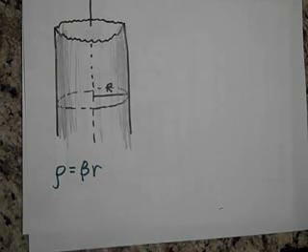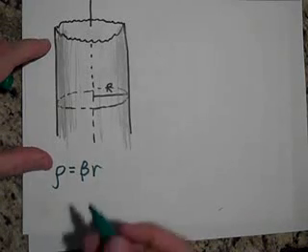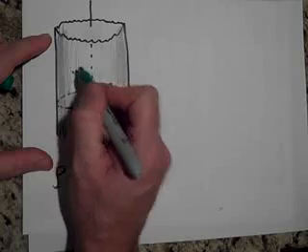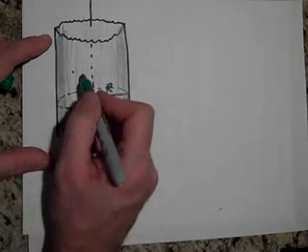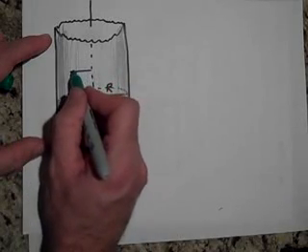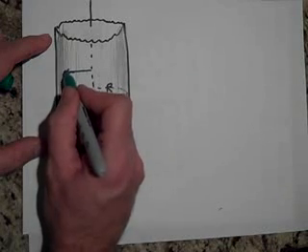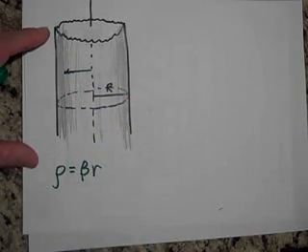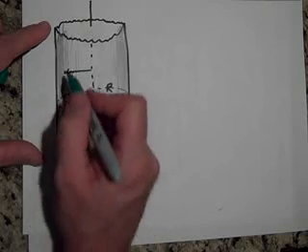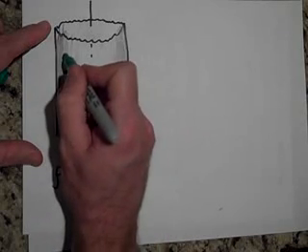Okay, so that said, if I wanted to know the electric field, say right here, a distance r away, let me bring it out a little bit further. If I wanted to know the electric field right there, then what I'm going to do is put in a Gaussian surface.